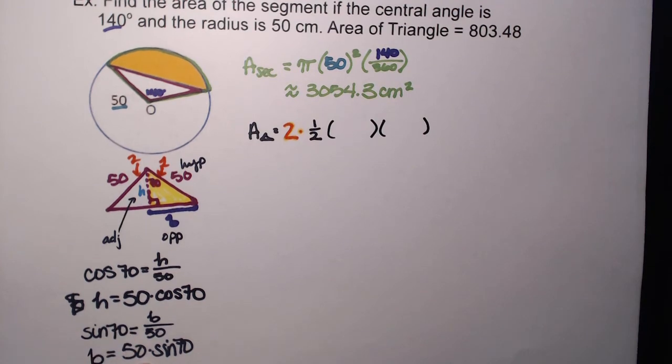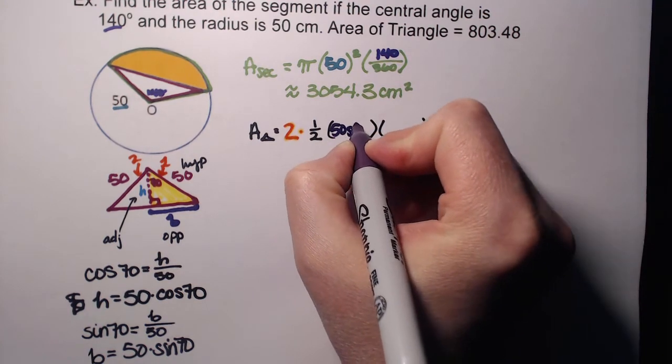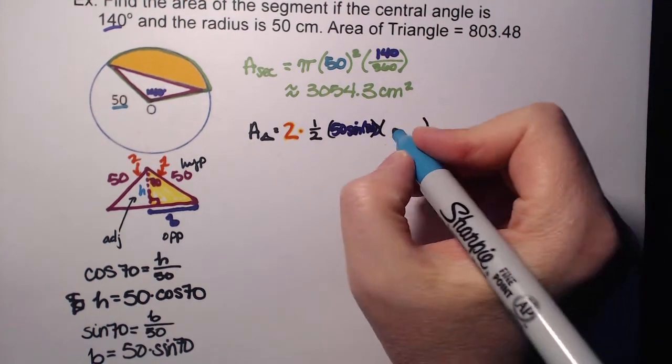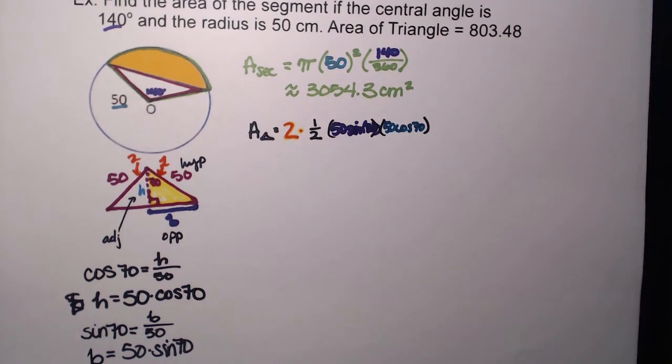Well, we said that the base was 50 sine of 70. And then the height was 50 cosine of 70. That's going to give me the area of the triangle.